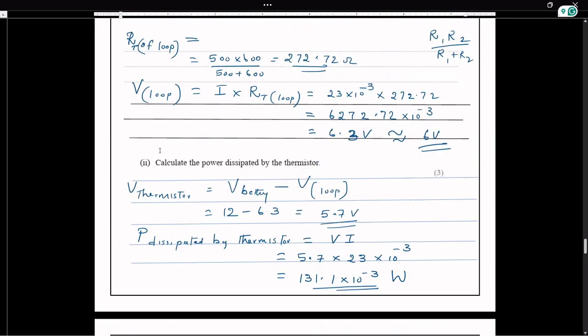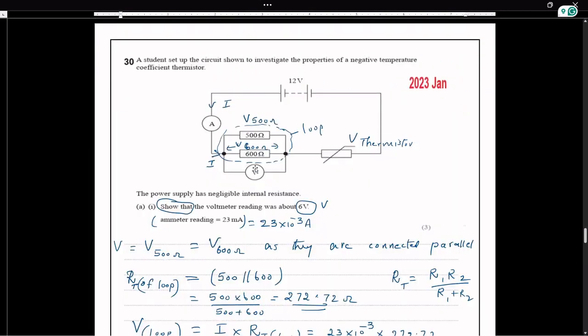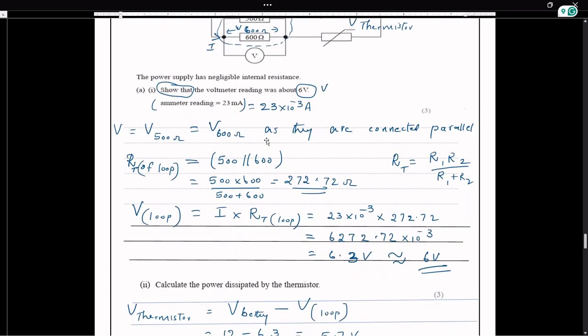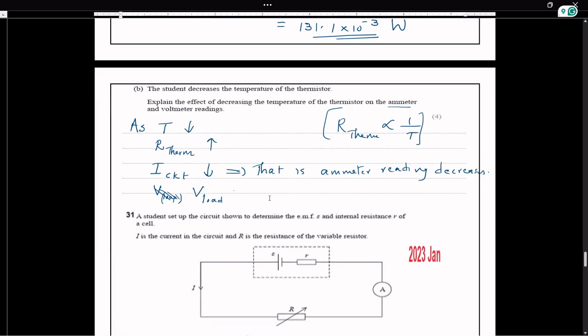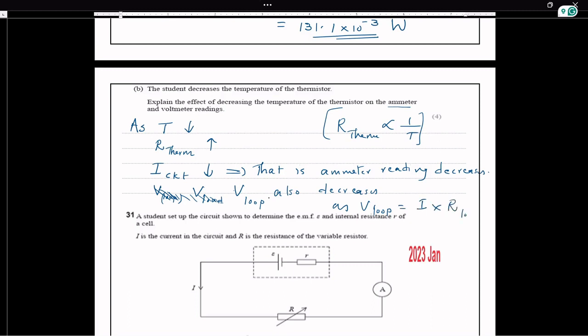So the voltmeter reading means this is the voltmeter. Okay. So the voltmeter reading also decreases. Let me write, it's the loop only. Next one. So as the current decreases, the voltage drop across the loop also decreases, as voltage of the loop equals current times resistance of the loop.